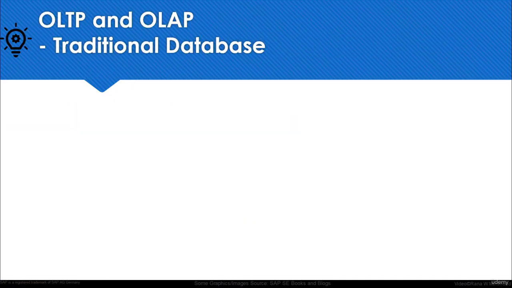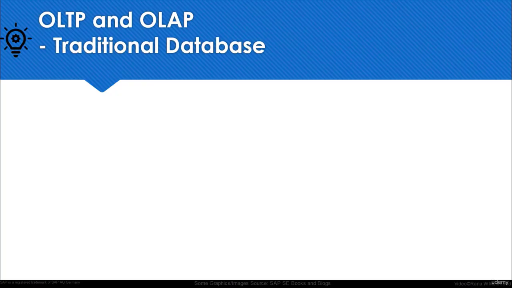In a traditional database design, OLTP and OLAP are separated from each other. Their abbreviations stand for Online Transaction Processing and Online Analytical Processing. In other words, a database model was either built for OLTP optimization or OLAP optimization, but not both.